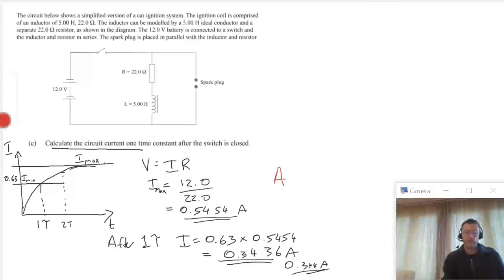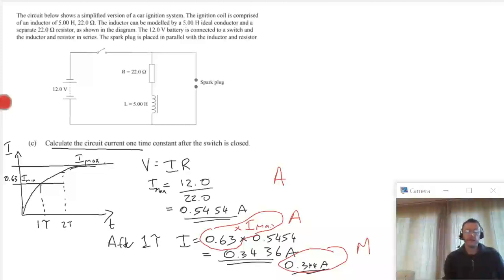And if we have a look at what this is worth, this is an achieve point, knowing that it's this times Imax is an achieve point, and getting to the answer by a correct method is a merit point. So if you get the whole shebang, you get a merit point.